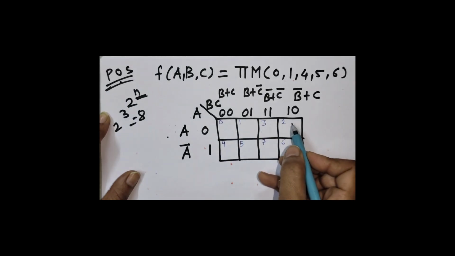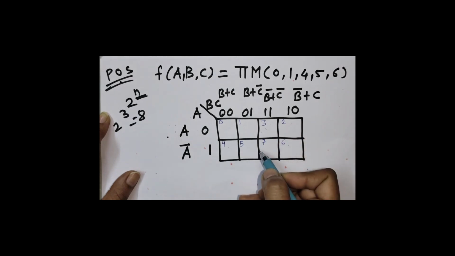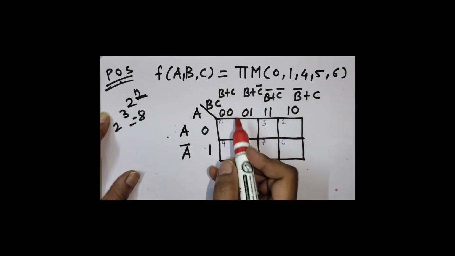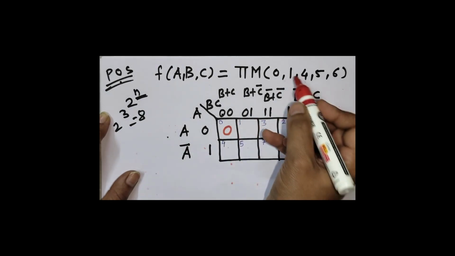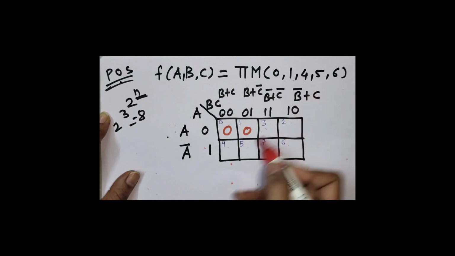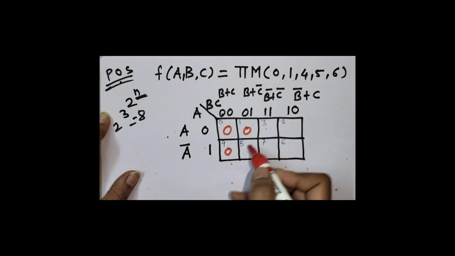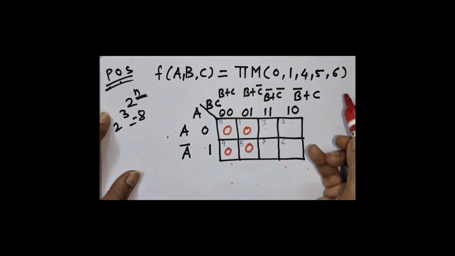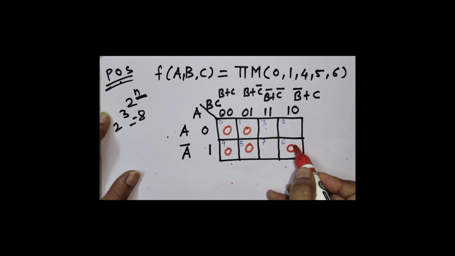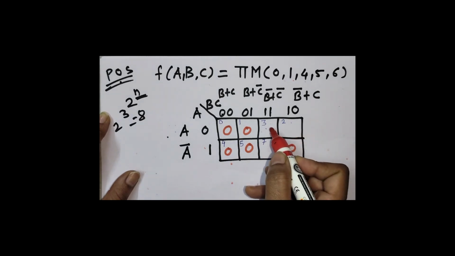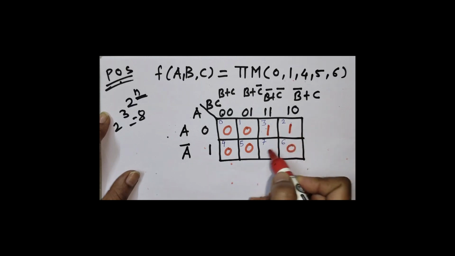So 0 1 2 3 4 5 6 and 7. For given max terms, I'll substitute 0: for 0, for 1, for 4, for 5, for 6, and for remaining cells I'll substitute 1.